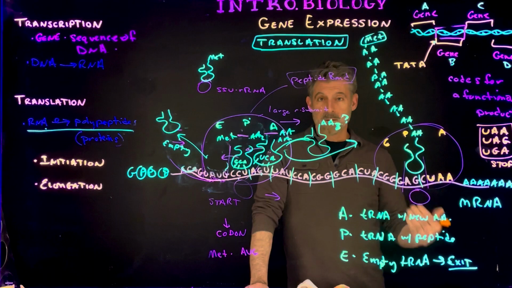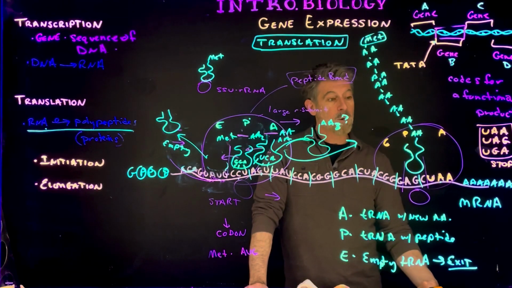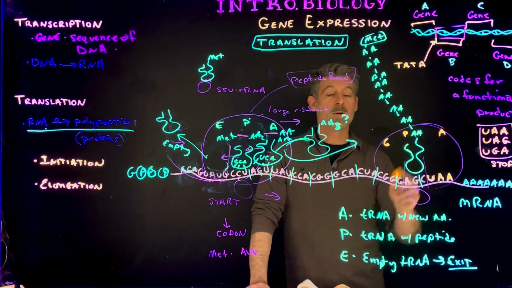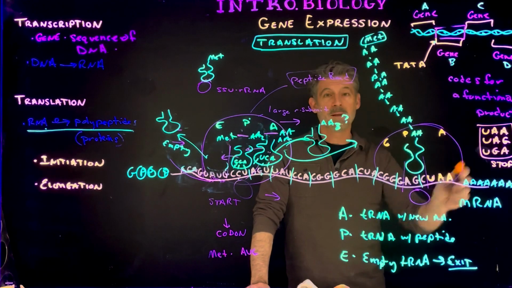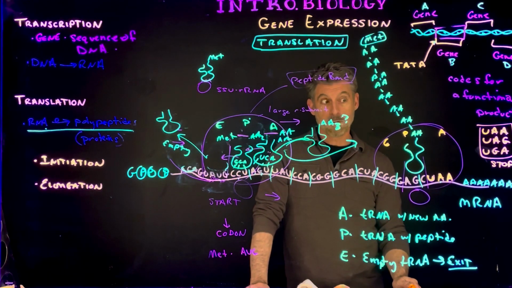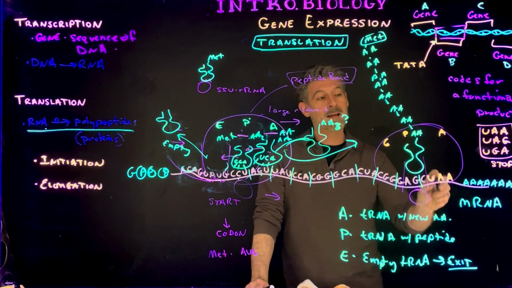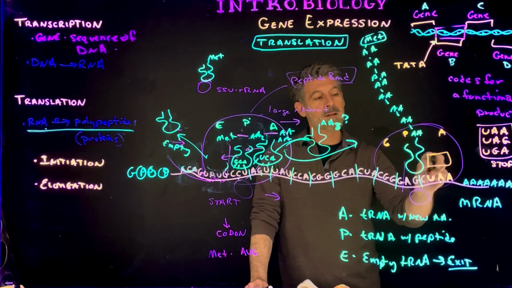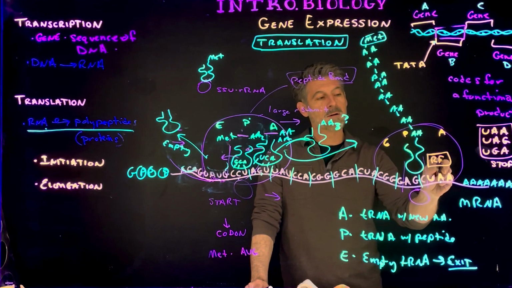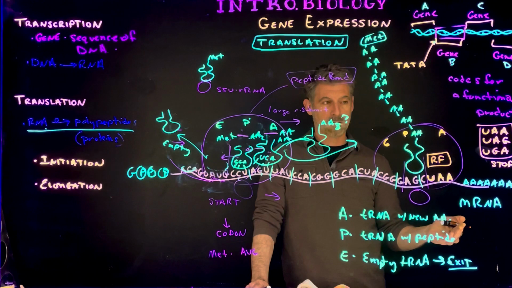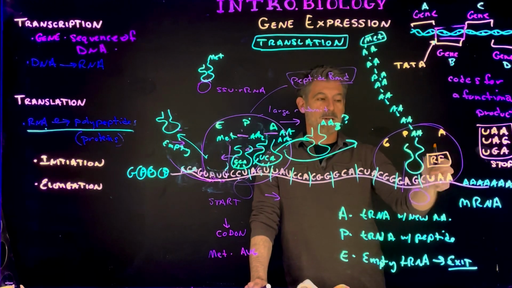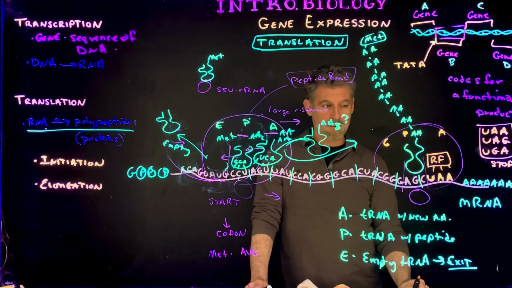They're a stop sequence. So there is no transfer RNA with any of these codes, so there's no one to come into that site. Instead, something else comes into the site called a release factor. So the release factor comes in, attaches.